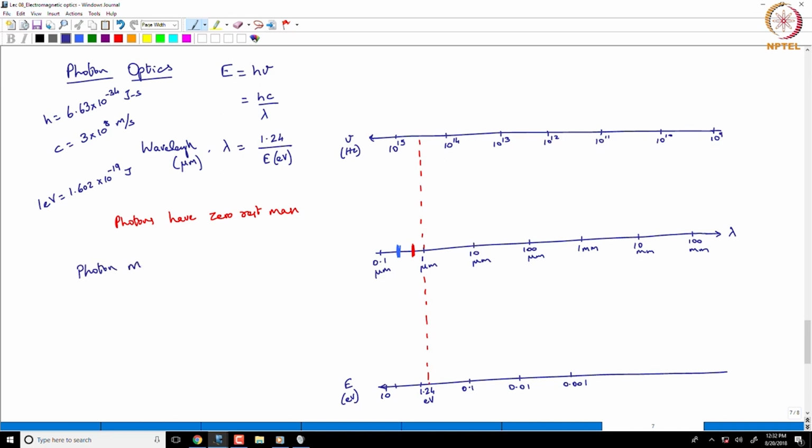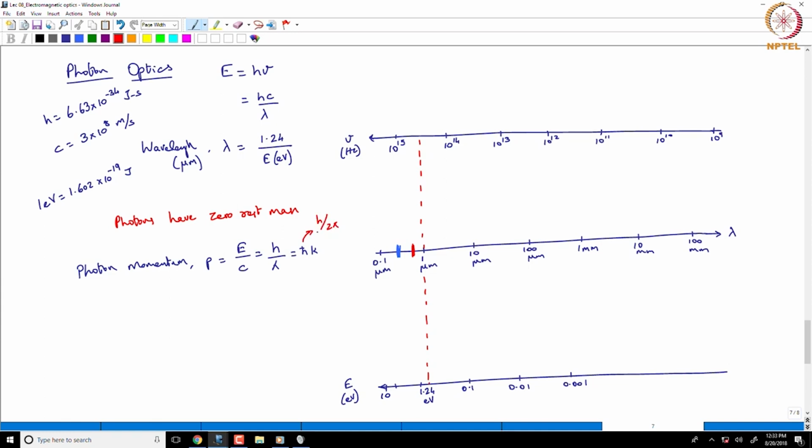So when we look at photon momentum, that is given by energy over c, which can be written as h over lambda, and that can be written as h cross multiplied by k, right. k is the wave vector, the wave number 2 pi over lambda, and h cross is nothing but h over 2 pi, right.